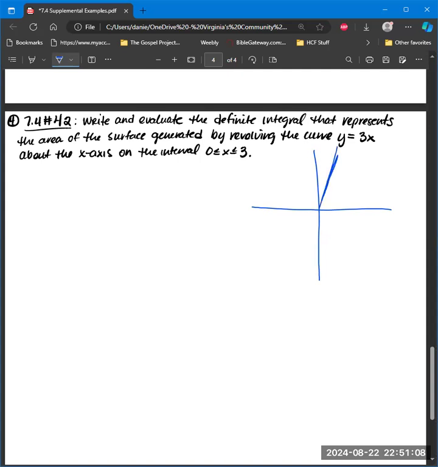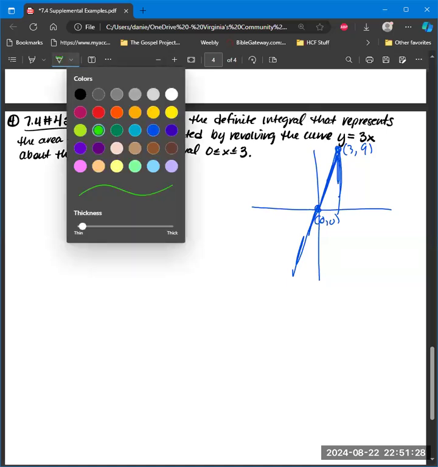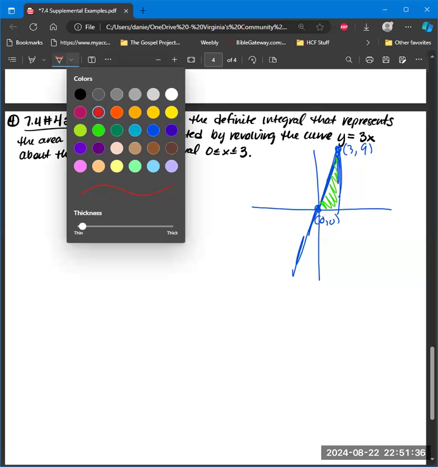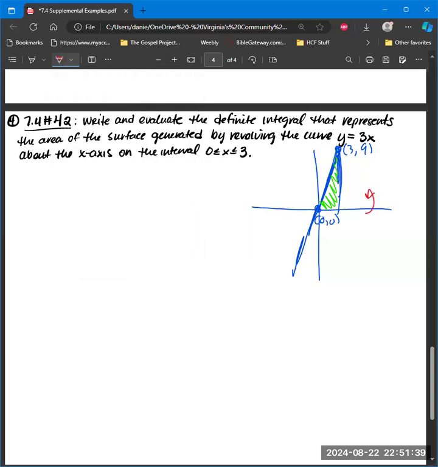We have a slope of 3 here, very steep, between 0 and 3. We're going to have the point up here, 3, 9. We have 0, 0. I'm interested in this bit right here between 0 and 3. I want to revolve it about the x-axis right here.